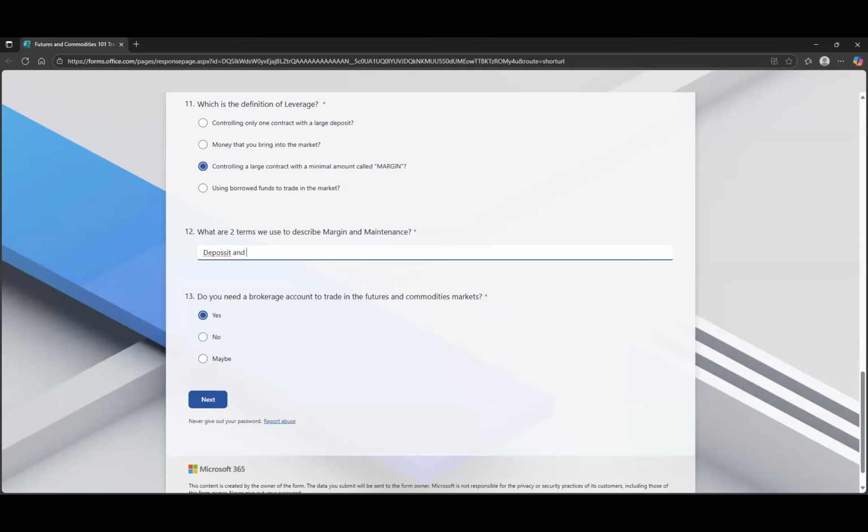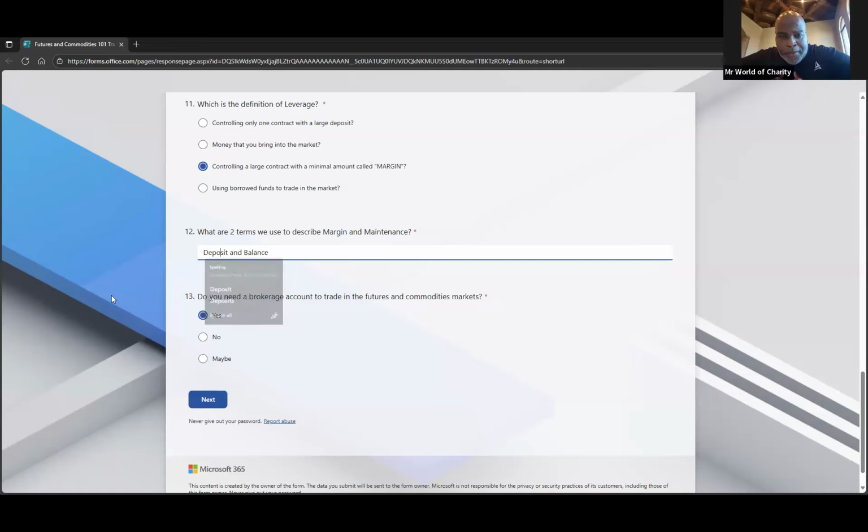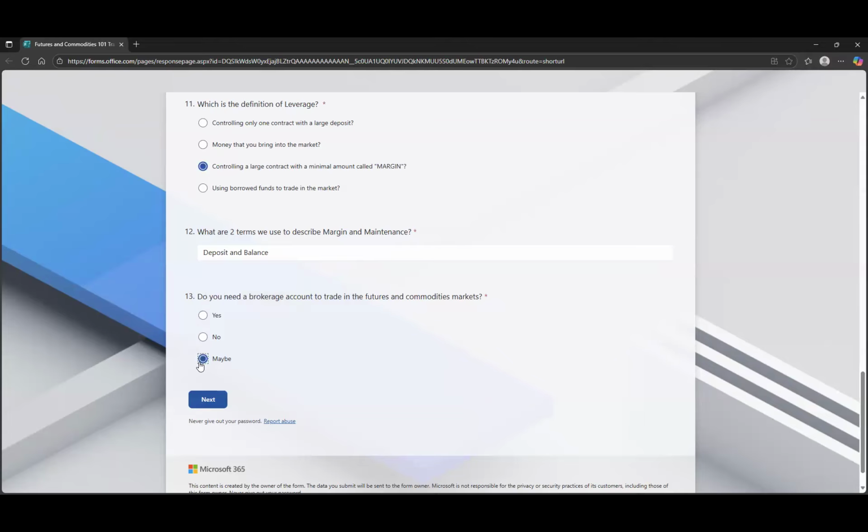Very good. You remember we talked about substituting the word margin and substituting the word maintenance. Margin, we want to substitute that word for deposit. And maintenance, we want to substitute that for balance.